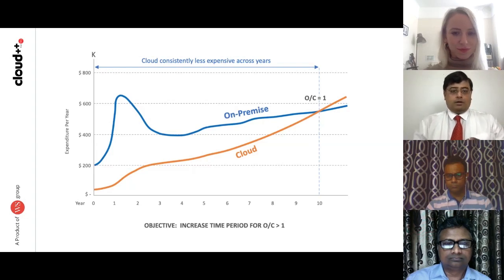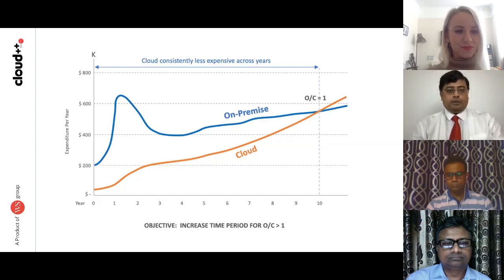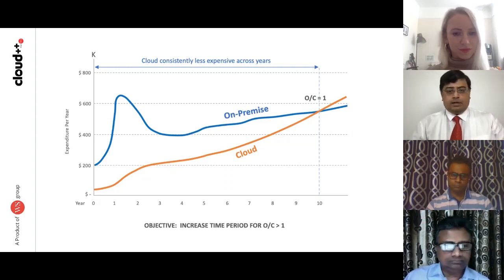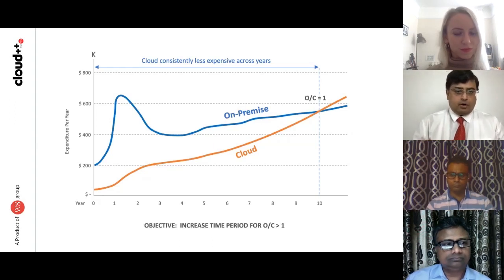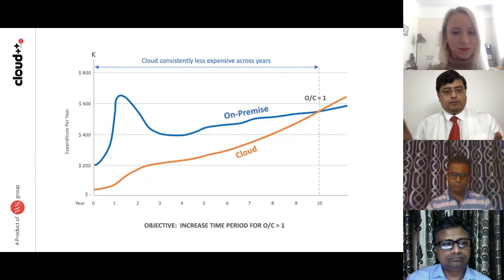But for cloud, what we are trying to do is to manage the cumulative subscription cost over a period of time. If we can keep it lower than the cost of ownership of on-premise systems, and again, the cumulative maintenance costs, if we can equate that over a period of time, and if we can somehow keep the cloud costs below the on-premise costs, then after a certain period of time, let's say 8 years, 10 years, again, there will be a spike in the on-premise costs, because you need to procure new hardware and new systems.